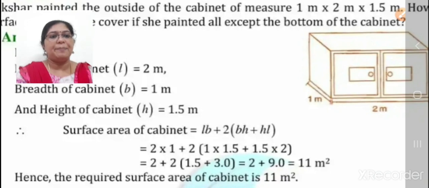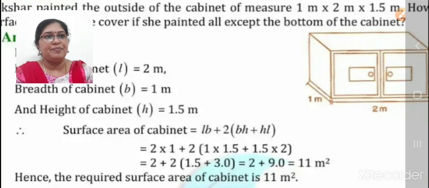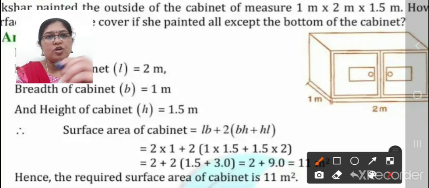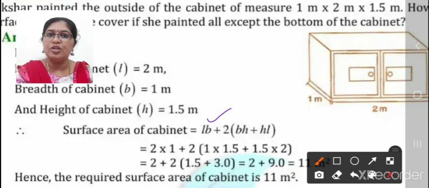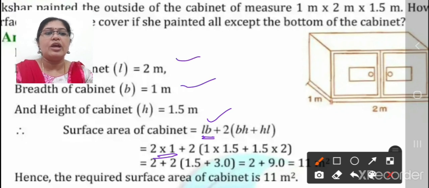So when you are applying the formula, 2 LB is not there, only 1 LB is there. That is why we have written LB plus 2 into BH plus HL inside the bracket. Now you are substituting the values L and B, that is 2 into 1. Next 2 common outside, 1 into 1.5, breadth and height you are multiplying, height and length you are multiplying.